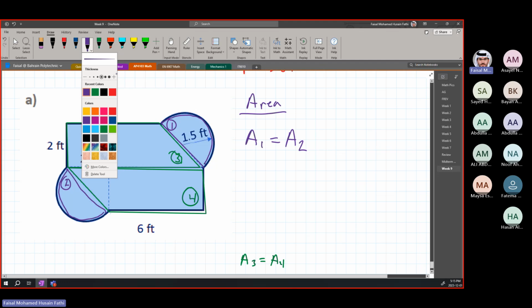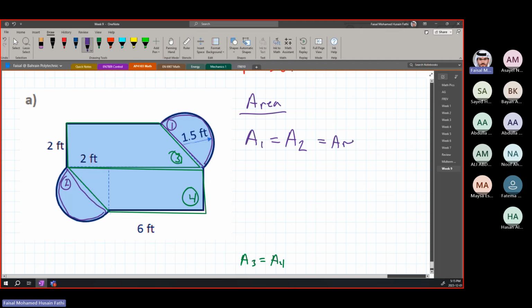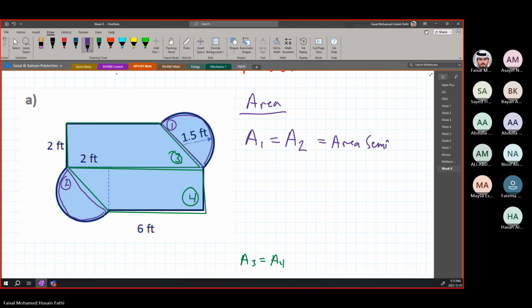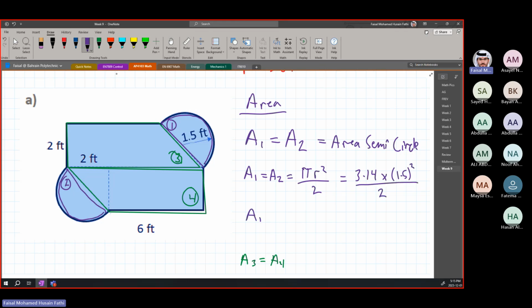A1 and A2 is equal to the area of a semicircle. Area of a semicircle we already saw. So A1 equals A2, which is equal to pi r squared divided by 2, which is equal to 3.14 times 1.5 squared divided by 2.